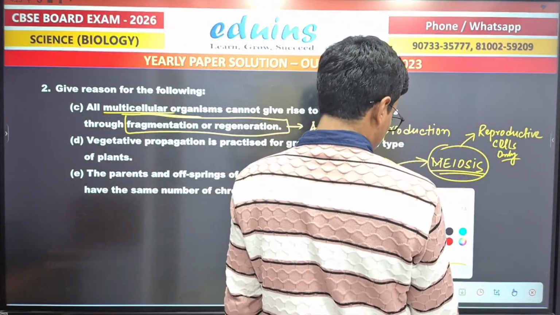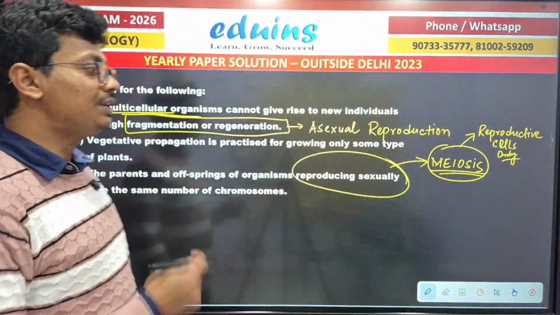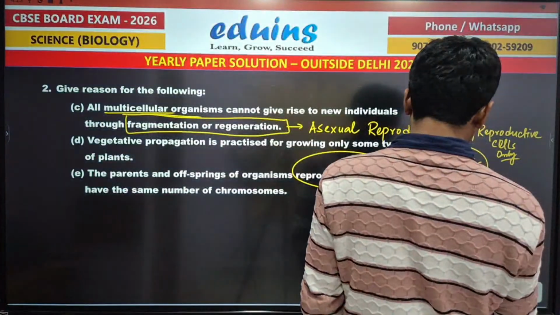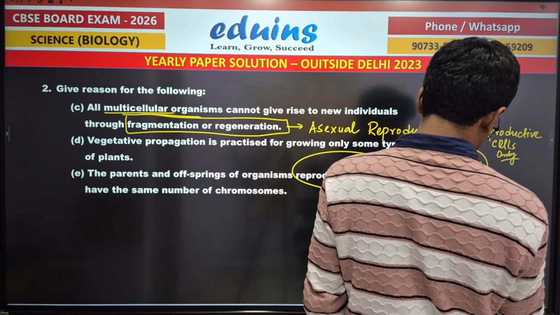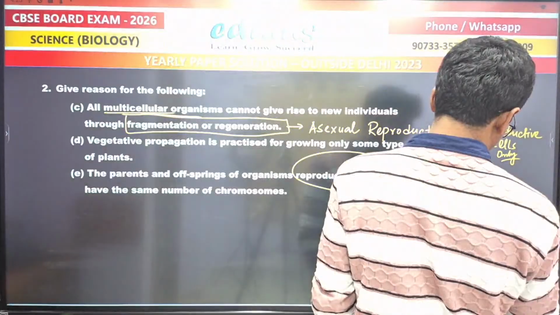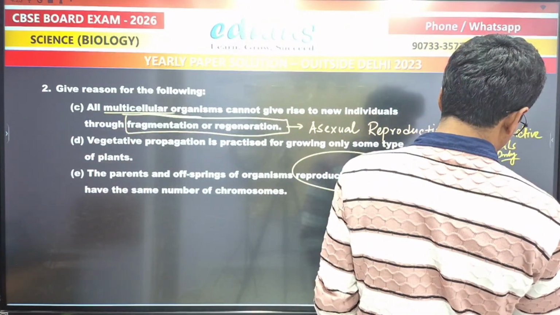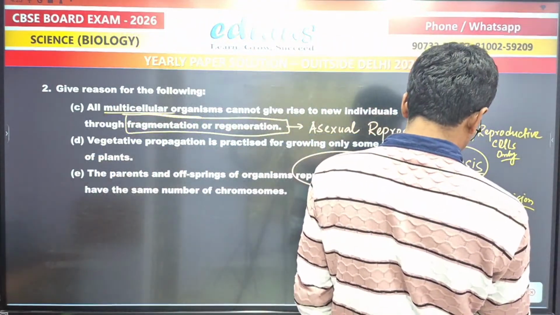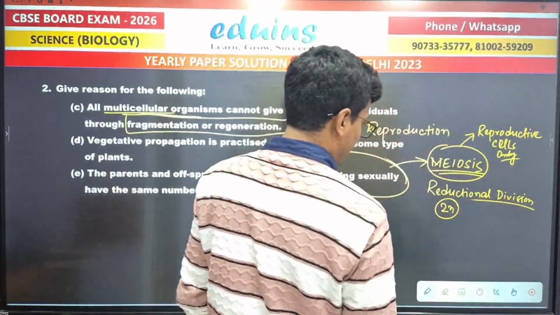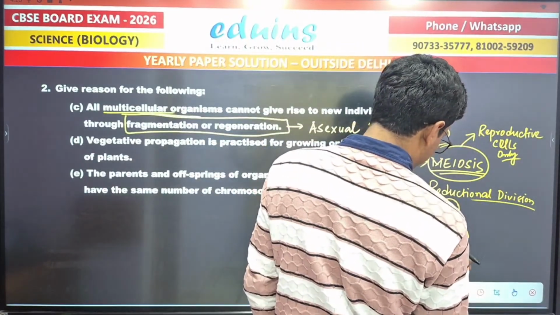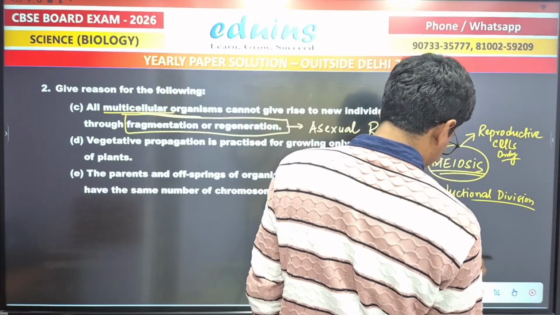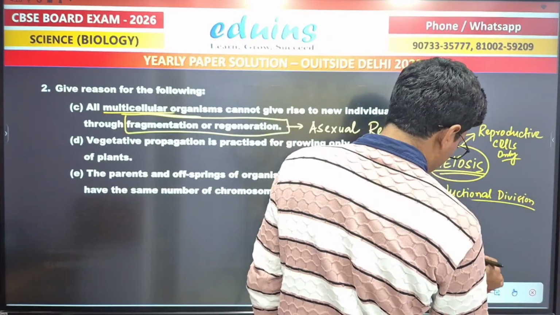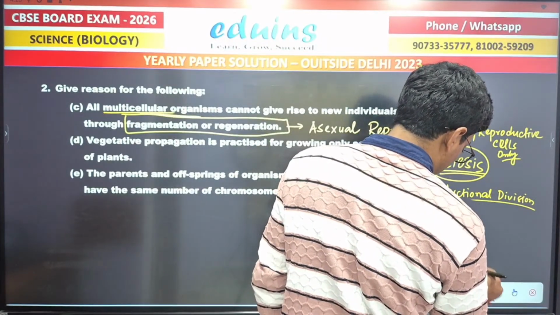So what happens in meiosis? Meiosis is known as the reductional division. What is reductional division? The chromosome number gets halved. If the chromosome number is 2n, it gives rise to n and n in meiosis 1, and in meiosis 2 there is an equal division, n and n.